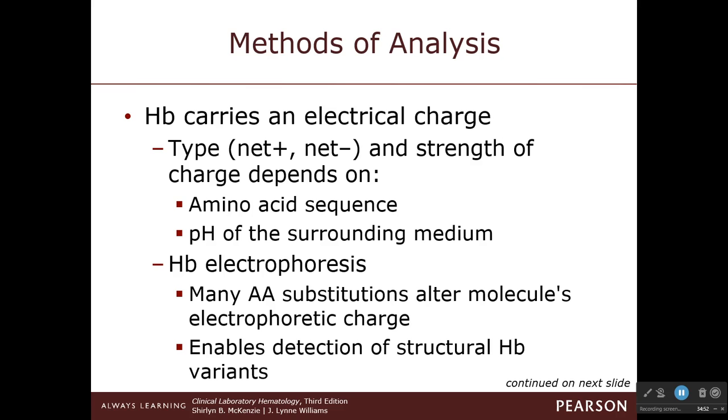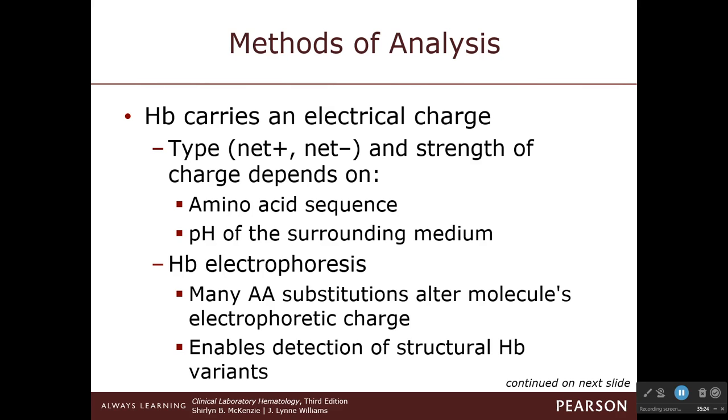Based off of where the pH is, you may have your origin at this point, or you may have your origin in the middle. If your origin is in the middle, most of the time you're going to have positive and negative charged samples. So here you may get a band that shows up here and here, but you also may get a band that shows up here and here.